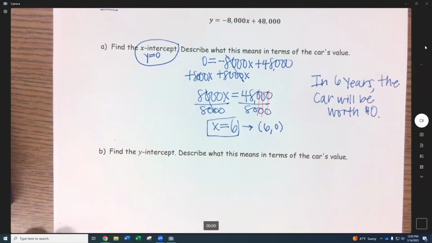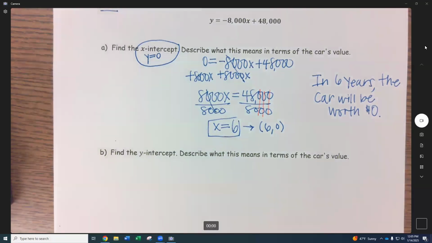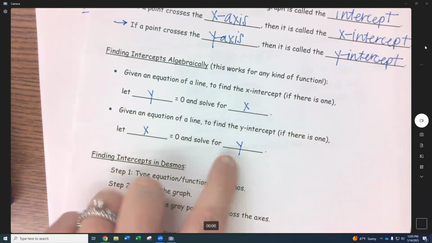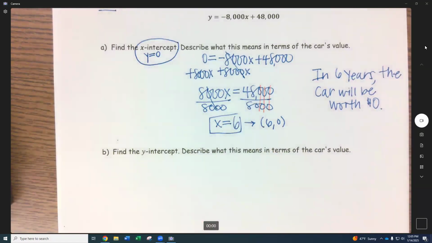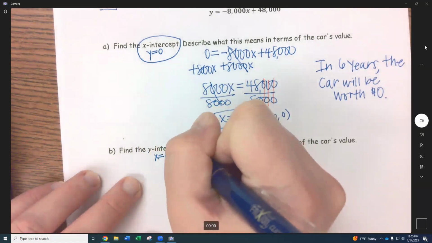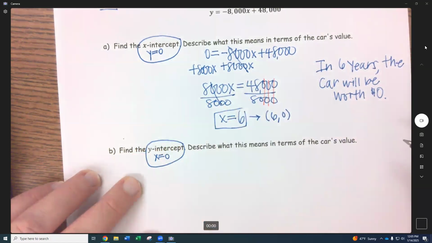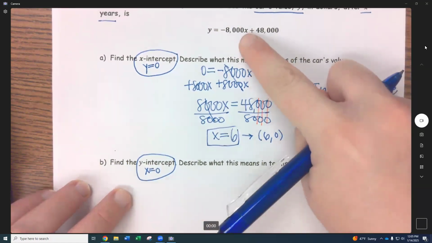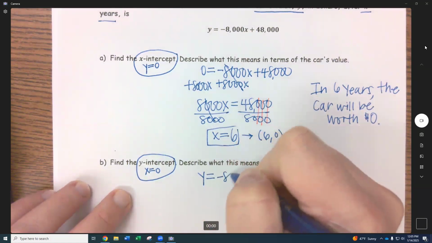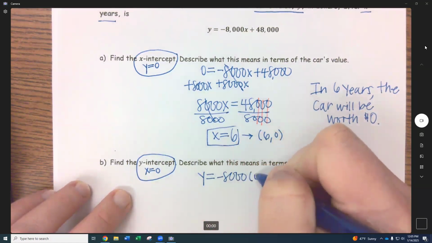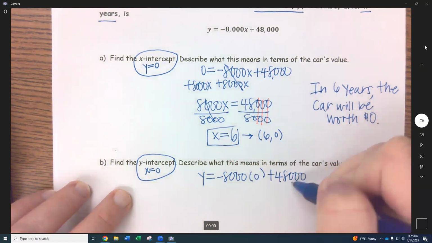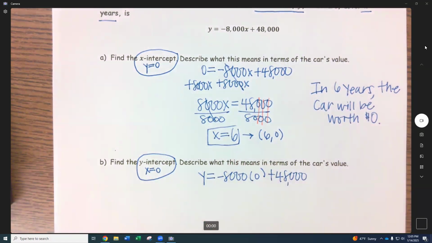Part B, find the y-intercept. So do the opposite. With y-intercepts, we're going to let x equal 0 and then solve for y. So I'm going to replace this x with 0. Y equals negative 8,000 times 0 plus 48,000.